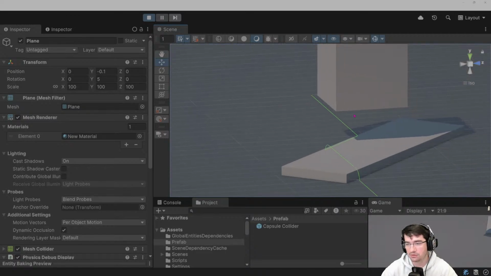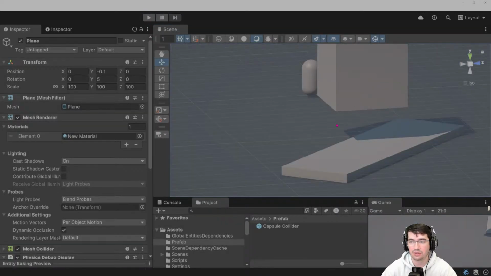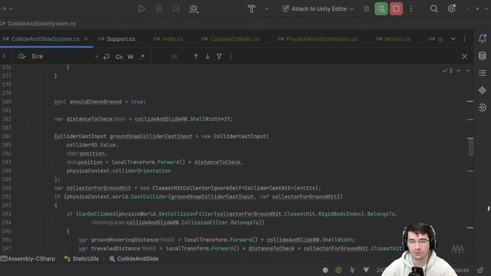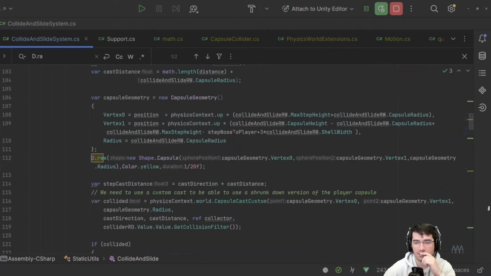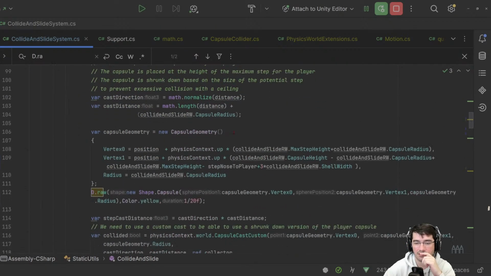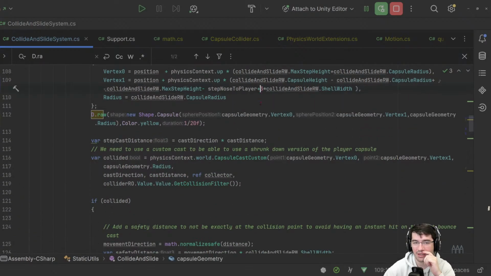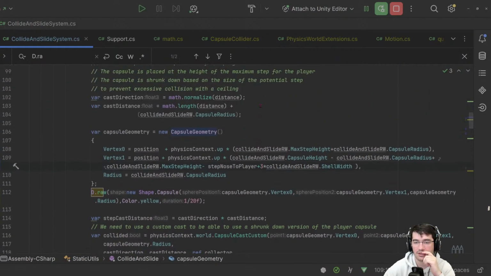And I'm now correct in the testing of the height for the step. I'm just not sure I fully understand why I need to add back 3 times this.